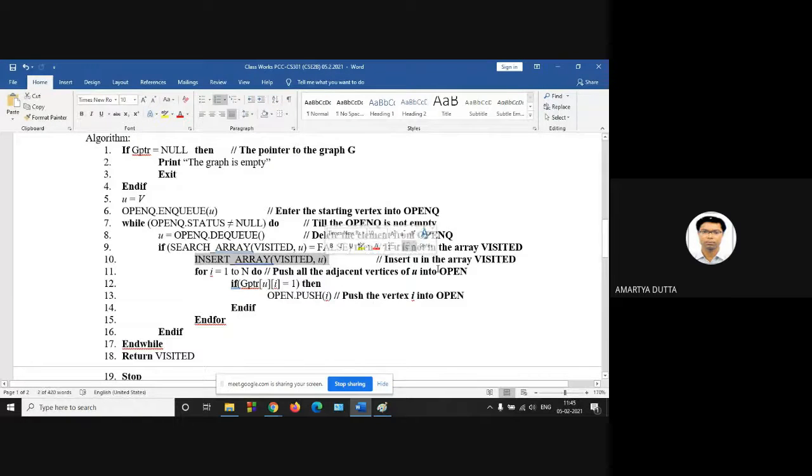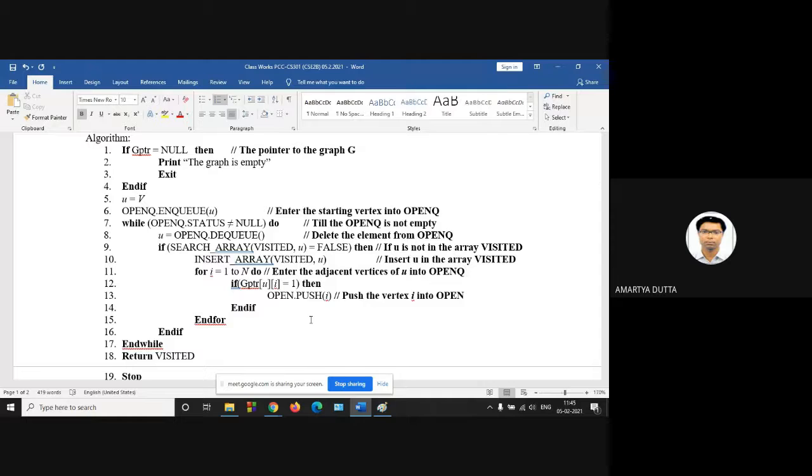Now for I is equal to 1 to n, what should I do? Enter the adjacent vertices of U into open queue.